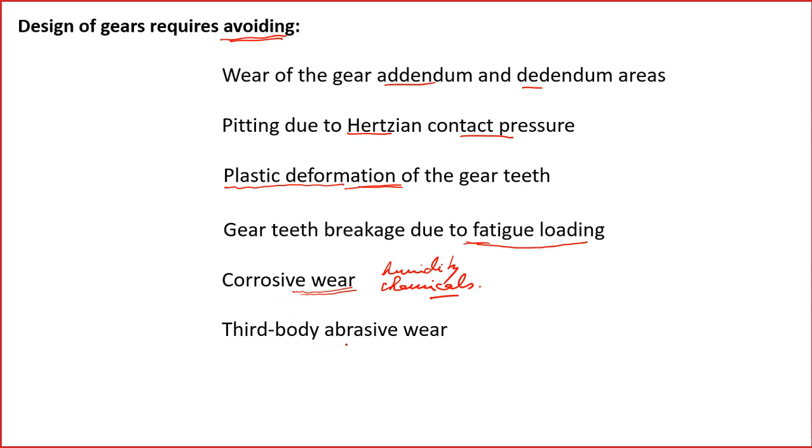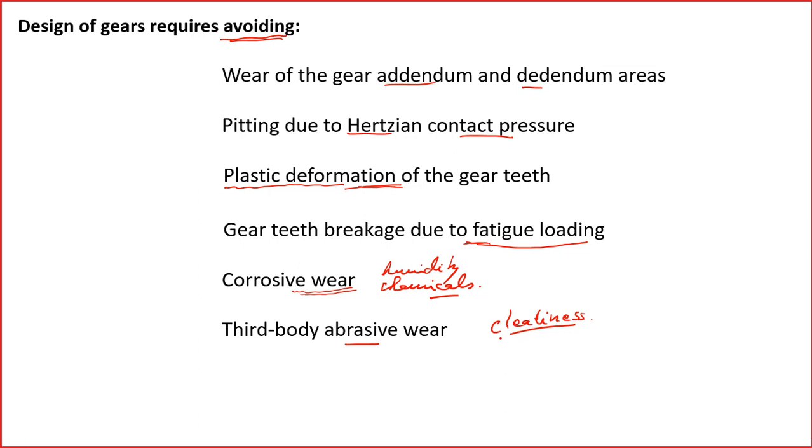Then third body abrasive wear. So cleanliness is very important. So most of such gears, especially in automotives, are put inside a box, a gear box, and they are kept away from the environment, okay? From dust and any kind of impurities.